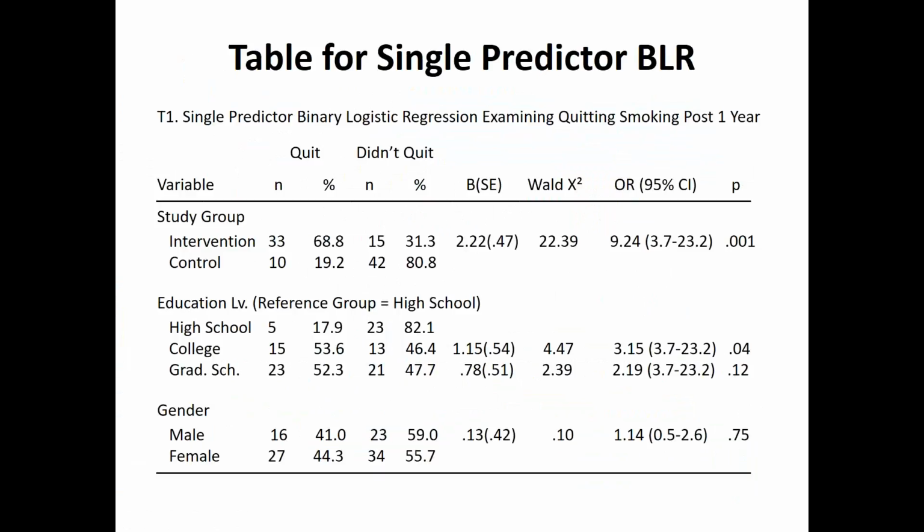And then on the right side, we have the actual results of the single predictor binary logistic regression. The most exciting of those is the p-value, right? So we know it's significant, the difference is significant, 0.001, and the odds ratio, almost 10 times more likely. So you have a tremendous amount of information in this little table, and then it's also comparable to our full model.